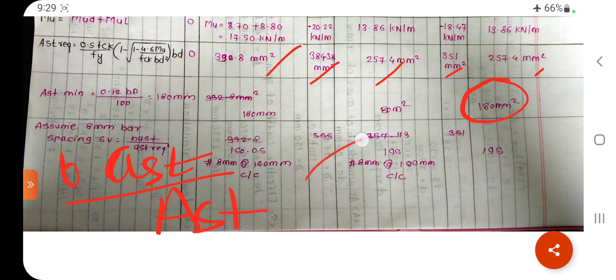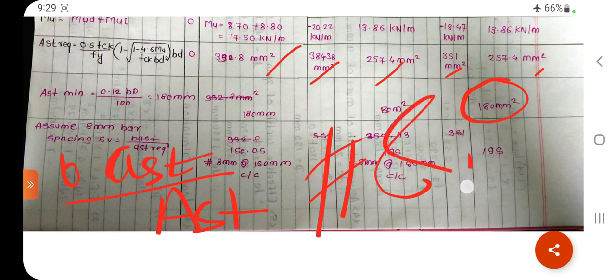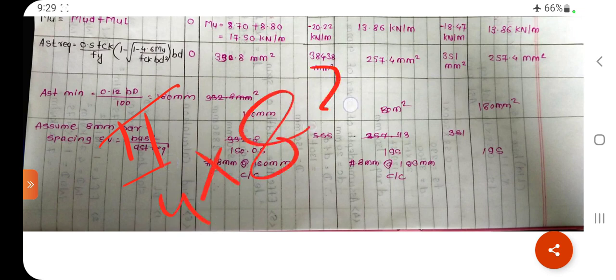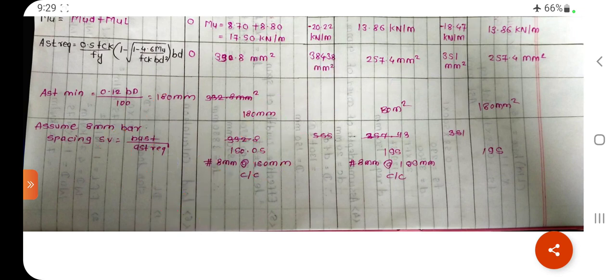We assume 8 mm bar, and hence substituting all the values, small ast is equal to pi by 4 into 8 square. Capital AST will be differing from span to span. Here 390, here 384, here 257, 351, 257.